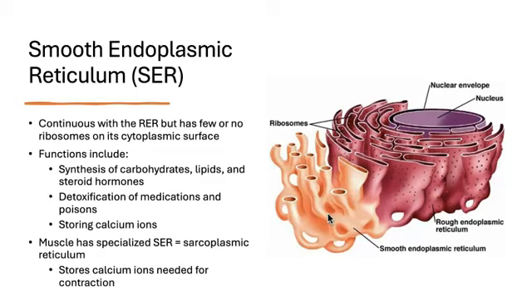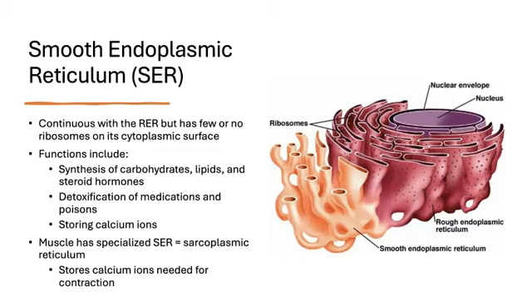We can also use it to detoxify medications and poisons and store some calcium ions. So in our muscle cell, we're going to have a specialized smooth ER, which is known as the sarcoplasmic reticulum. And this is where we are going to store all of the calcium for our muscle cell to use for contraction when we're ready.